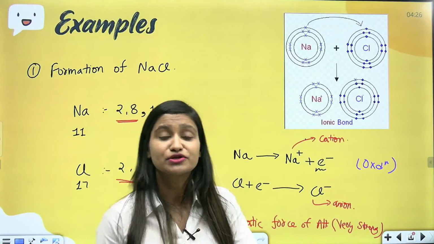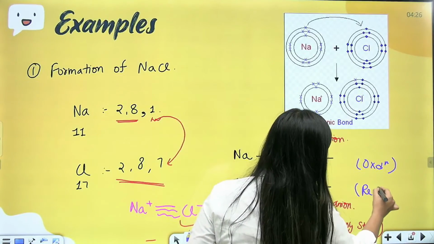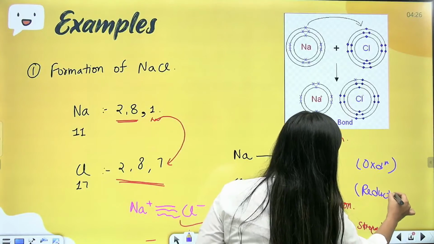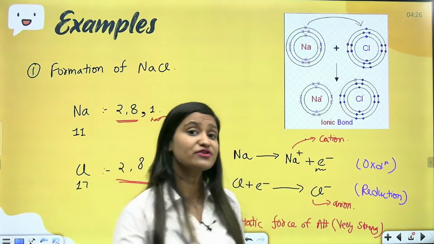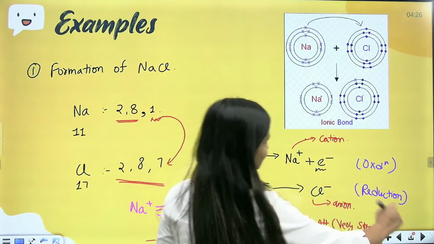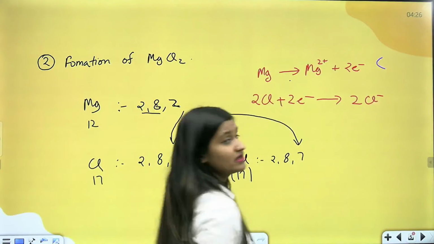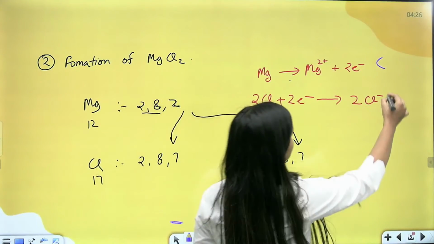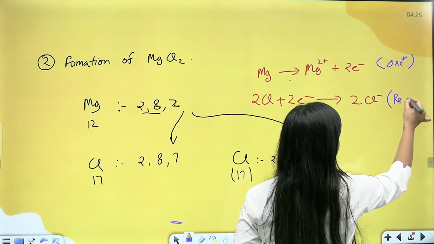And whenever electrons are accepted, that process is called reduction. Now, as we can see in the formation of an ionic bond, electrons are being lost, so it will be oxidation, and this will be reduction.